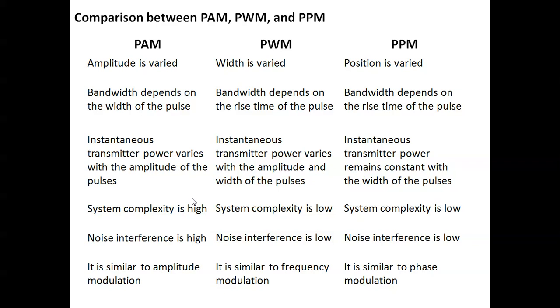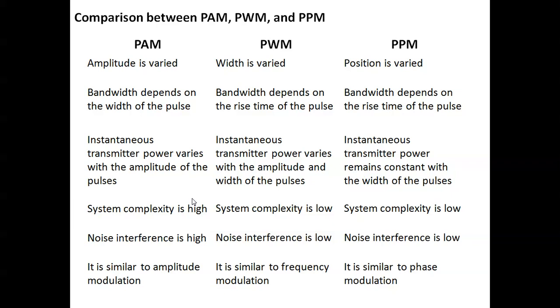In PAM the instantaneous transmitter power varies with the amplitude of the pulse, and in PWM it varies with the width of the pulse. Similarly, in PPM the position of the carrier pulse varies in accordance with the amplitude of the modulating signal.